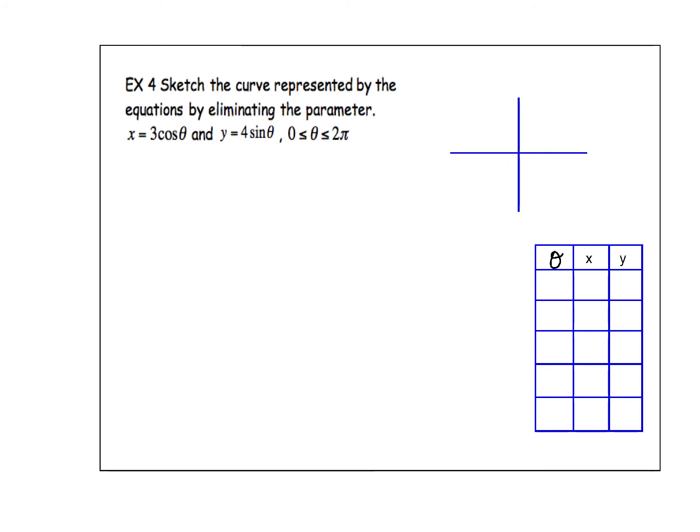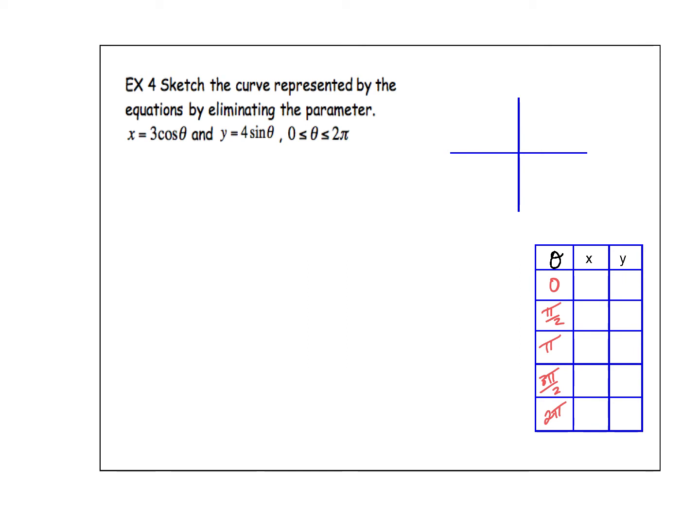So 0 to 2 pi again. So there's our thetas that we're breaking this up into.